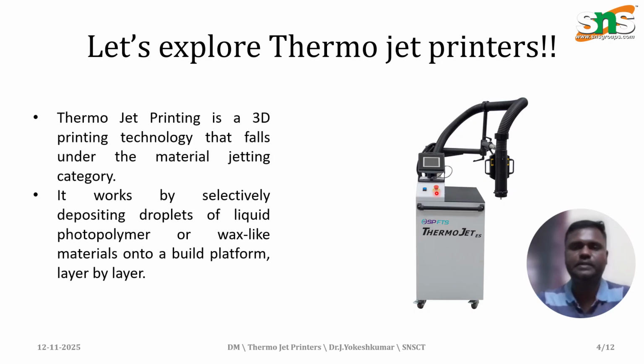This is a 3D printing technology that falls under the material jetting category. Here we selectively deposit liquid photopolymer or otherwise wax-like material on a build platform, and we develop the part layer by layer. Finally, we have the cumulative material forming the 3D model.